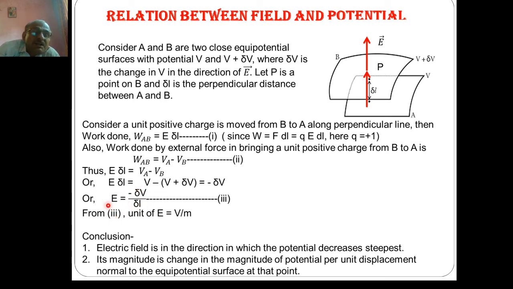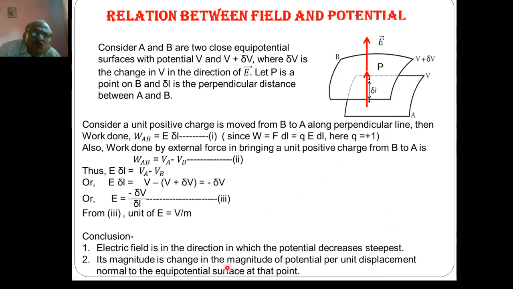From this, earlier we came to know the unit of electric field, that is newton per coulomb, force per unit charge, and here it is potential difference per unit length. So its unit will be volt per meter. From this equation 3 we can draw an important conclusion: electric field is in the direction in which potential decreases steepest.